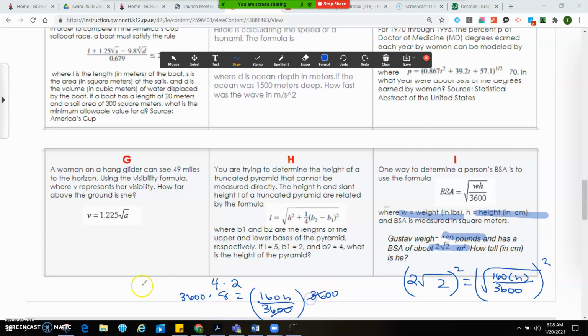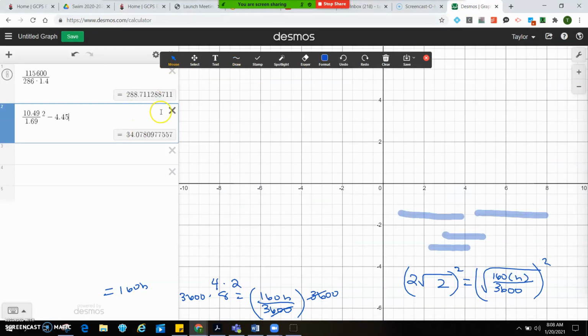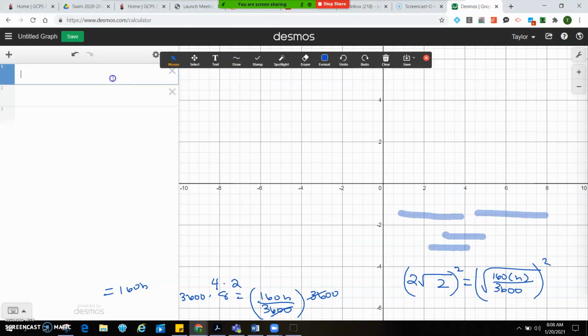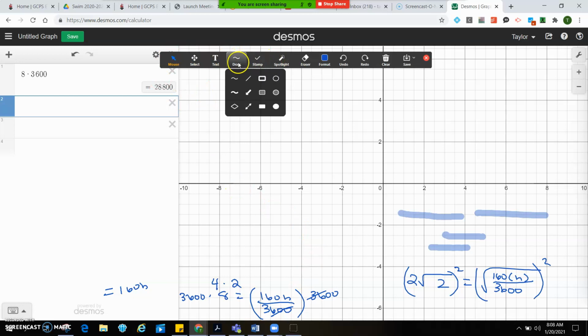These will cancel, and I'll get 160H on that side. Then I'll plug this into my calculator: 8 times 3,600, which is 28,800. And I'm going to divide by 160 on both sides.